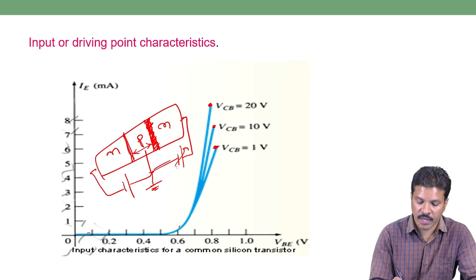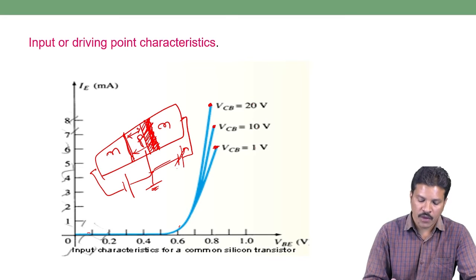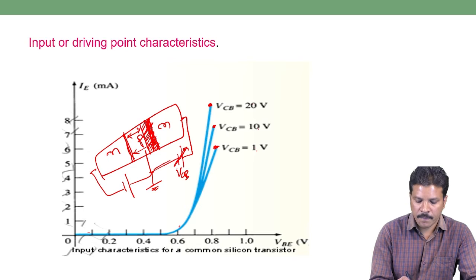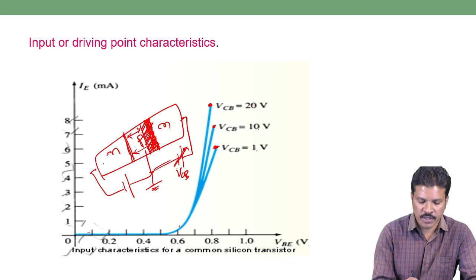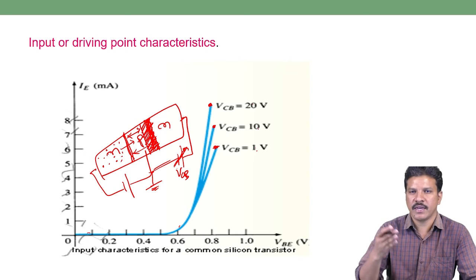In the third case, increasing further, the depletion region inside the base region increases, and the base width reduces further. Now see, as we increase the collector-to-base voltage from 1 volt to 10 volts, the depletion region increases. The majority charge carriers, electrons, move from the N to P region, from emitter to base, and reach the collector.